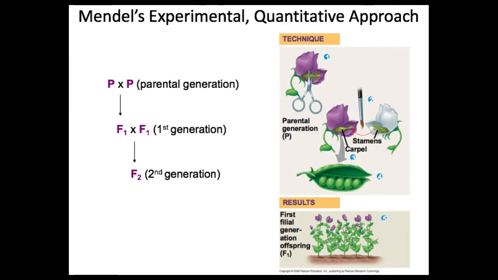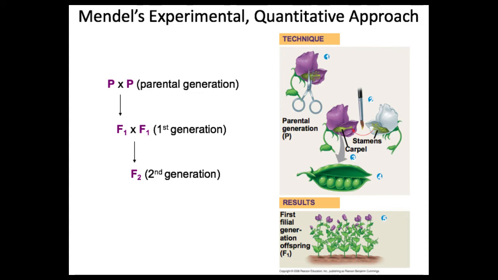There are many advantages to using pea plants for genetic study. There are many varieties with distinct heritable features or characters such as flower color. There are many variants for these traits of these genetic characters. The mating of these plants can be easily controlled.